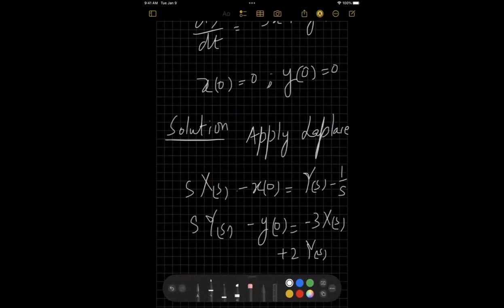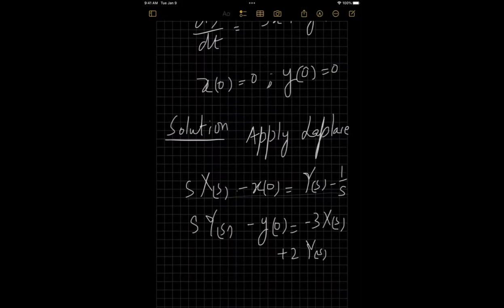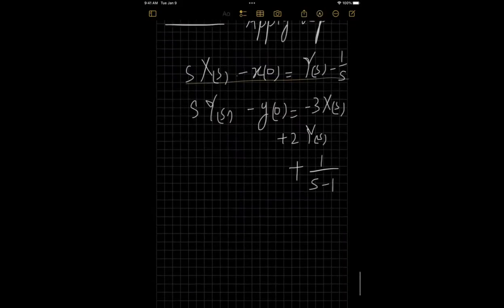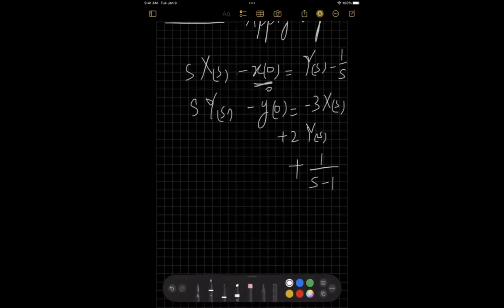So what will be the Laplace here? 1 over s minus 1. So this is 0, this is 0, no botheration, fine.